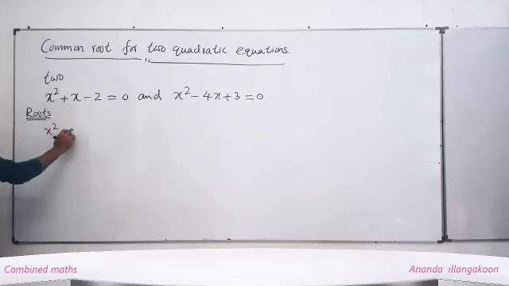Equate the first factor to 0, and equate the second one to 0. x is 1, x is minus 2. The two roots are these. We'll take this other one.